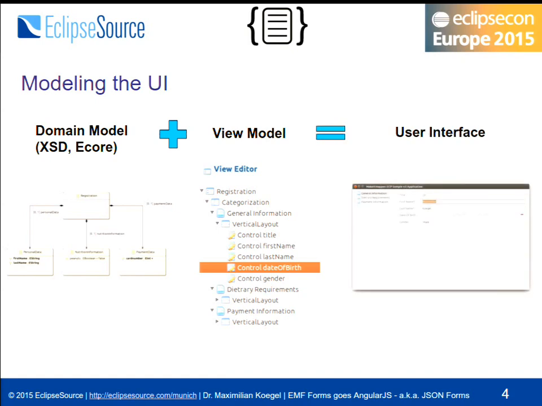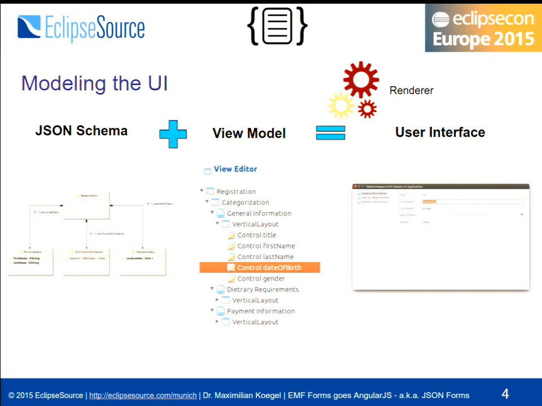And what you want to get is a user interface. And the user interface is produced by a component that we refer to as a renderer. So a renderer takes as an input a description how your data looks like, a description how you want to produce a form, and it produces a user interface for that.